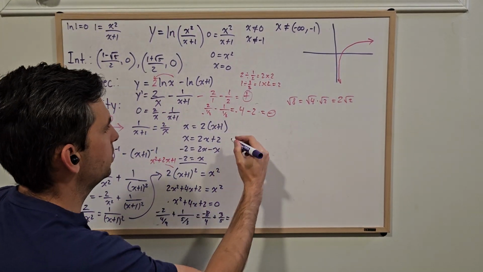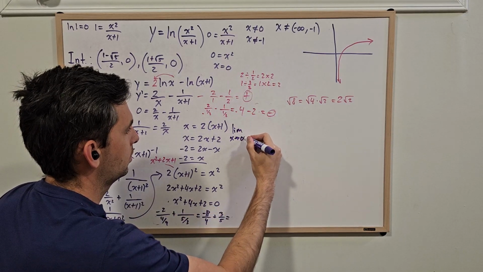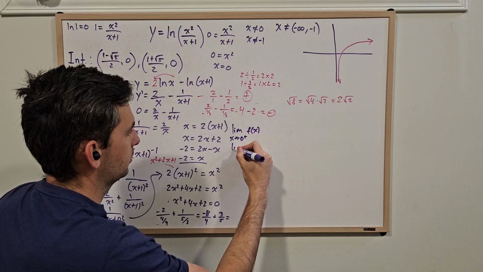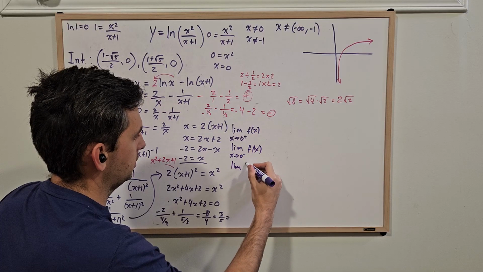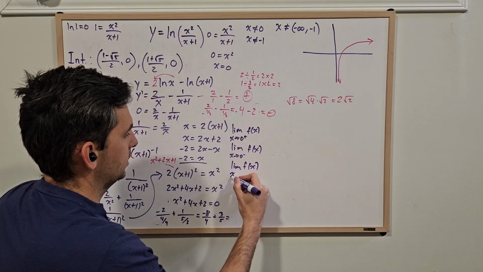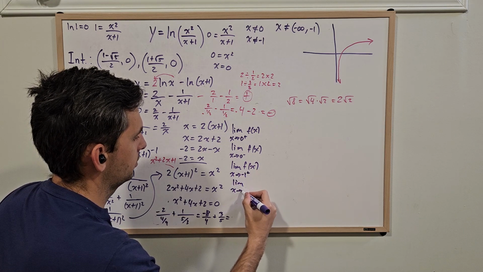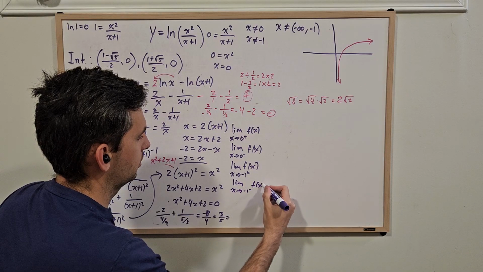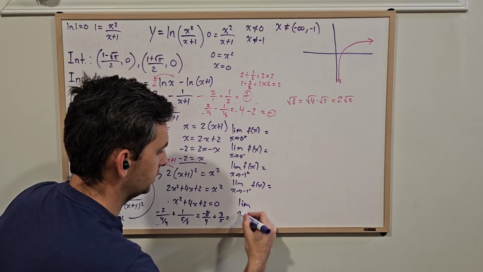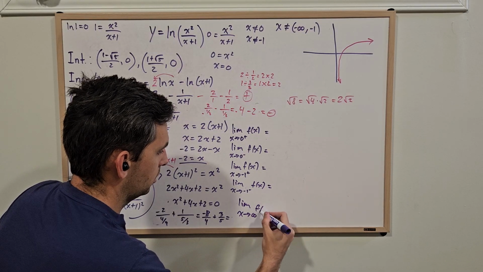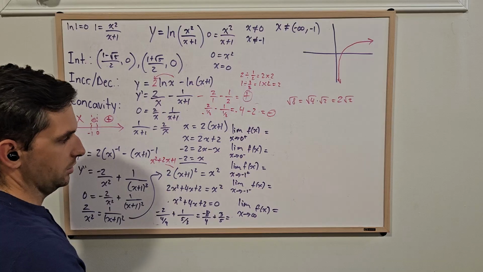So we're going to need the limit as x approaches 0 from the right, 0 from the left, and the limit as x approaches negative 1, once again from the left and the right, and the limit as x approaches positive infinity as well, because I don't need to worry about negative infinity because I know my domain doesn't exist at negative infinity, so I don't care about that.